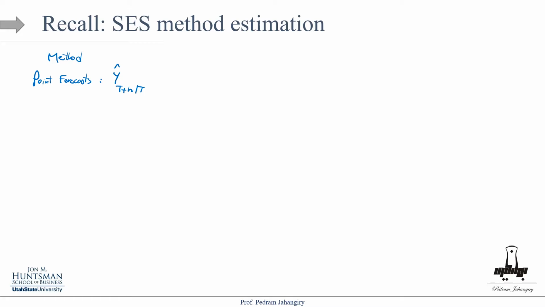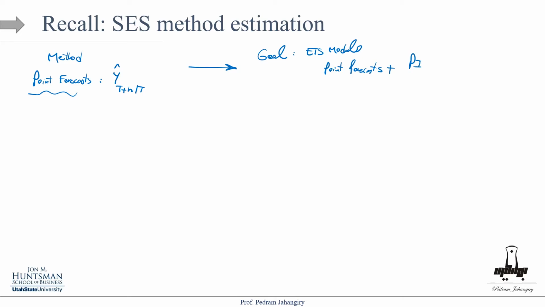Now our goal is to use some model to come up with prediction intervals. So the goal is to come up with ETS models that not only give us the point forecast, but point forecasts plus prediction intervals.